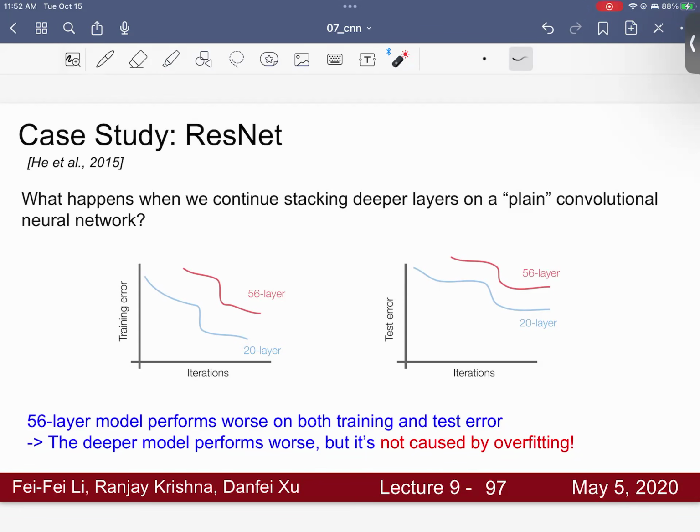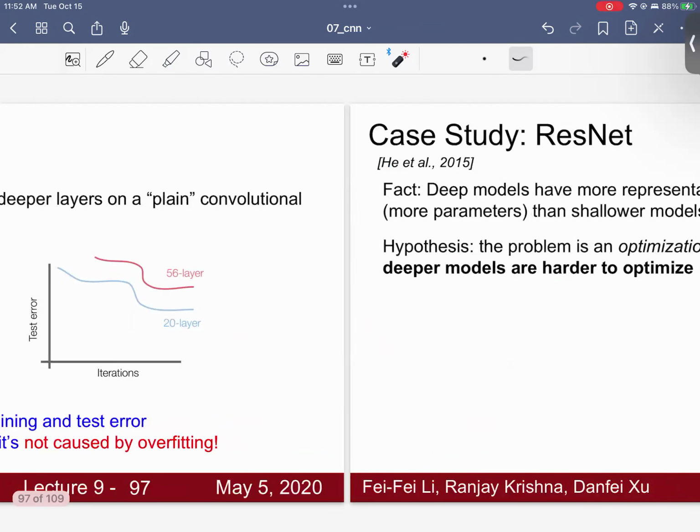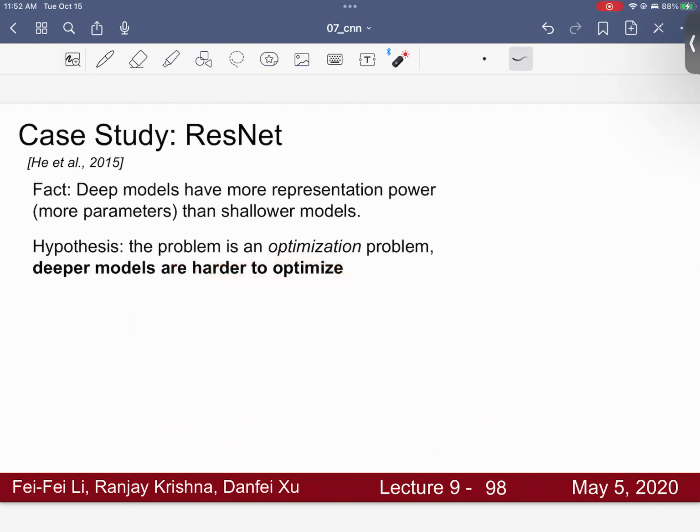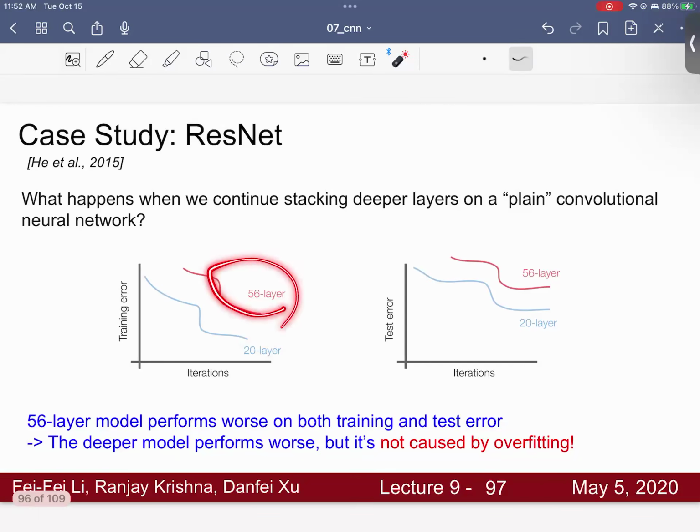But that's not the case here, because the larger, more expressive model is showing higher training error and higher testing error. So this is not caused by overfitting. It's an optimization problem. That's what the authors of ResNet thought. Because if you use a larger model, you should be able to overfit or at least memorize your training samples, but that's not the case. So something is going on with the optimization process.